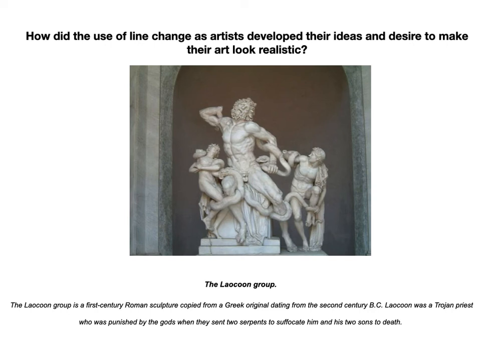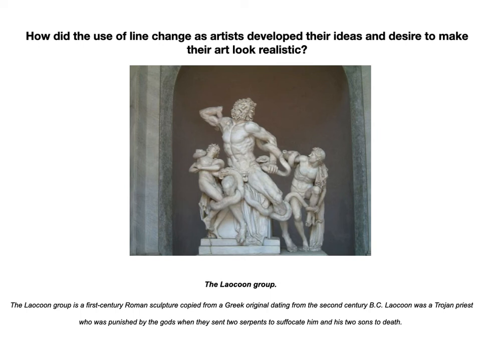We see a form of neo-classicism, or we see classicism in the fact that it's a Roman sculpture copied from a Greek. We see the way that the lines in the sculpture, we see everything here, essentially. We see implied line, we see outline, we see contour line, and we see expressive line.